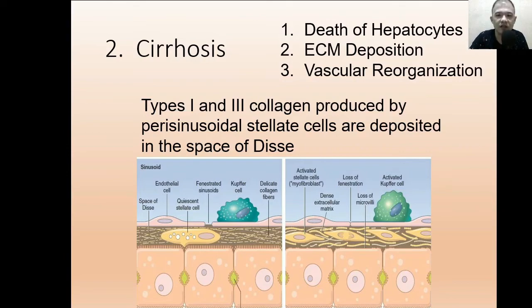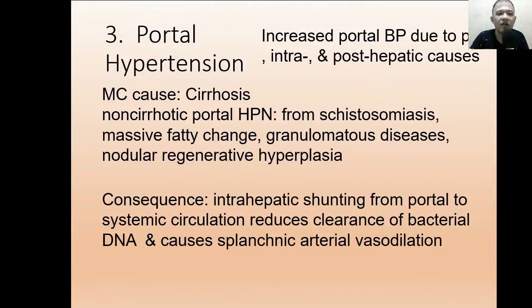So next is portal hypertension as a result of cirrhosis. Most common cause is cirrhosis, but you also have non-cirrhotic portal hypertension secondary to obstruction by parasites, or fatty change, massive fatty change.